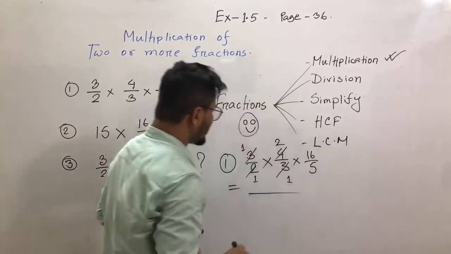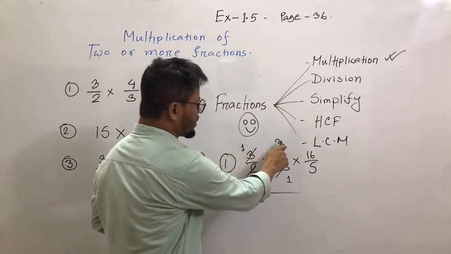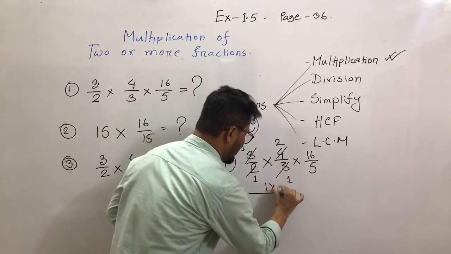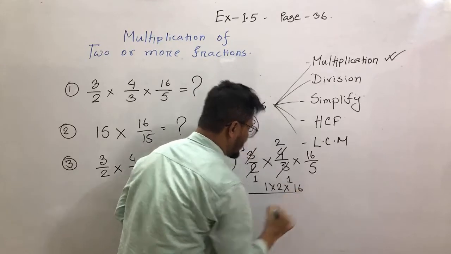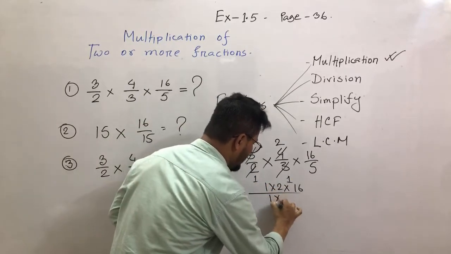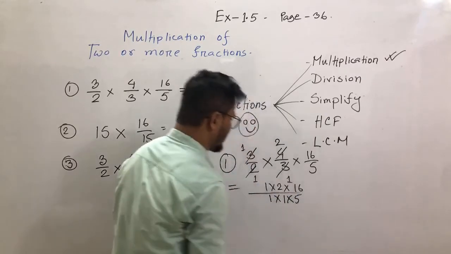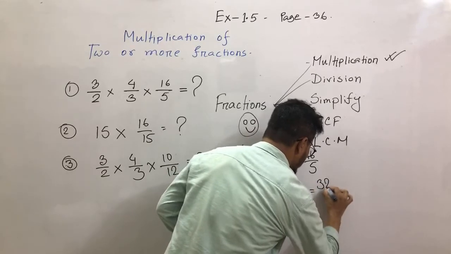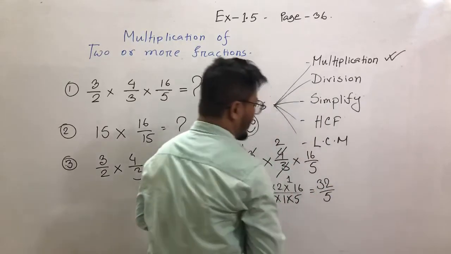Now in the numerator we see 1 multiplied by 2 multiplied by 16, and in the denominator 1 multiplied by 5. So the result will be 16 twos, 32, divided by 5.